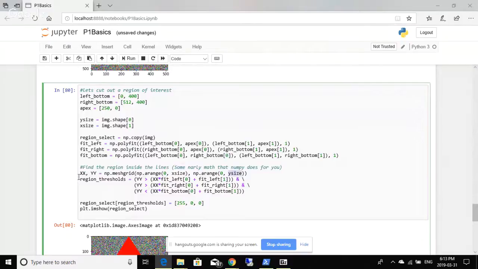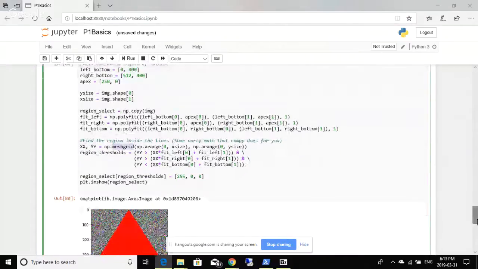It's doing some really crazy math, which is meshgrid, which you can look into, but essentially it gives this. Yeah, there's some really gnarly math going on here. Let's think about it. So this gives x, y. Maybe we could take some time later.